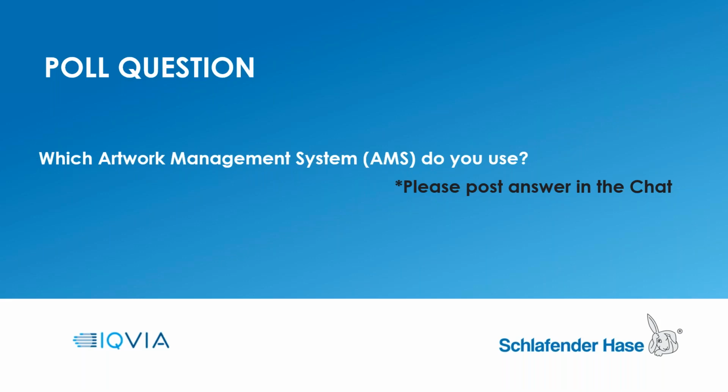So we're asking that you maybe post just a quick answer in the chat if you're using a specific vendor to provide an artwork management system, or is it something that you've built yourselves, added on to a larger document management system, or just using a network folder structure. And so if you can just quickly type your answer in the chat, we'll see if we're able to get some information that way.